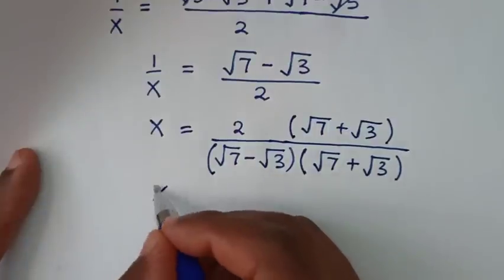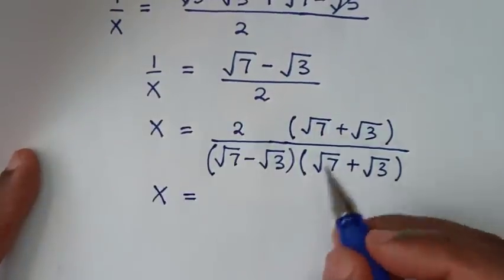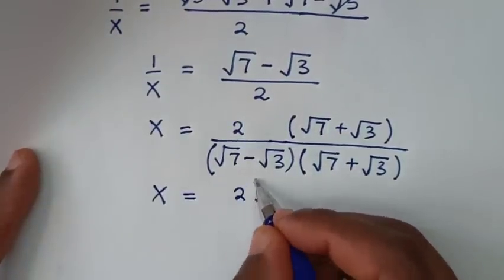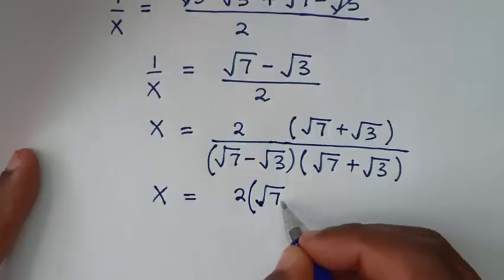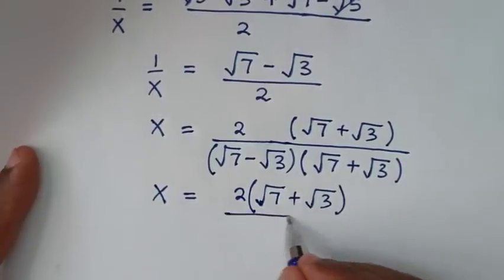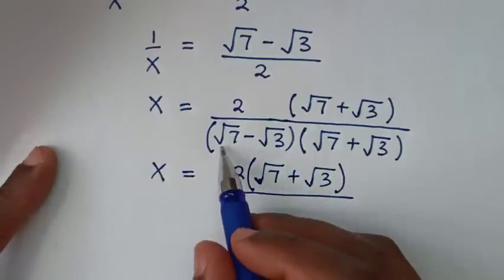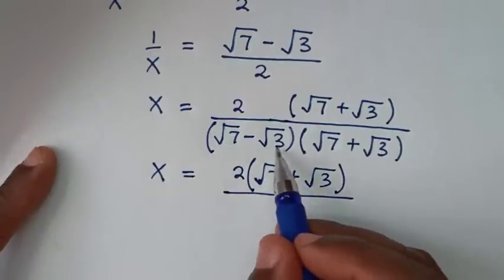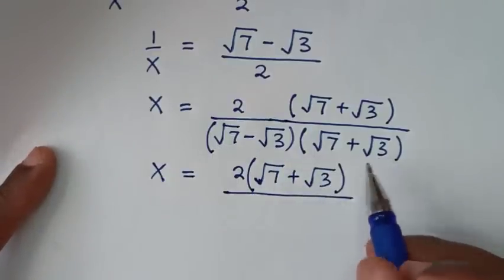Then it will be x is equal to this times this, so it will be 2, then bracket square root of 7 plus square root of 3 bracket, then over here this also square root of 7 minus square root of 3 times square root of 7 plus square root of 3.